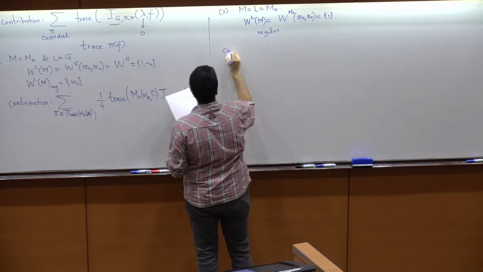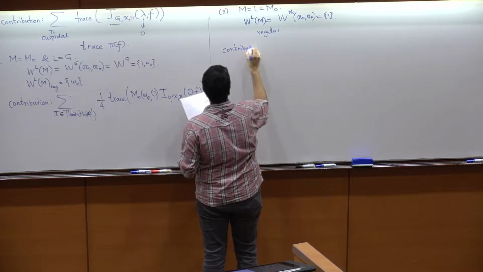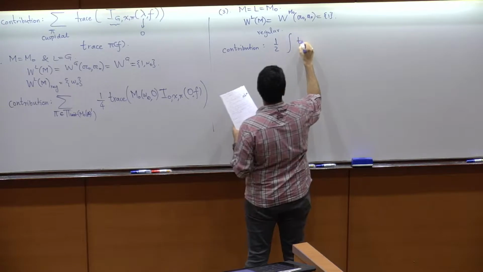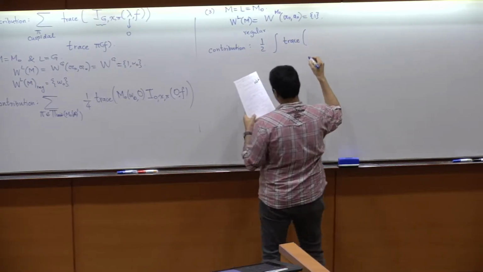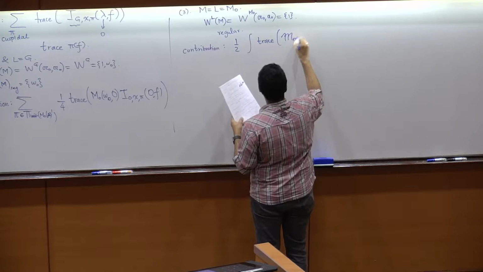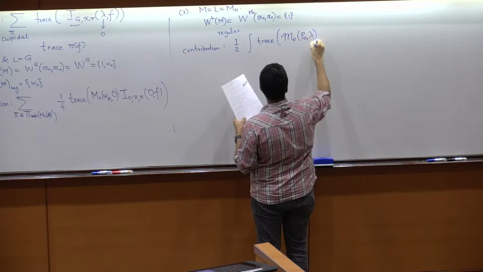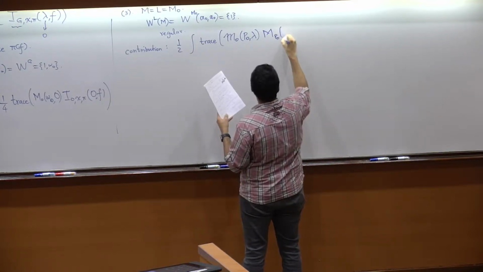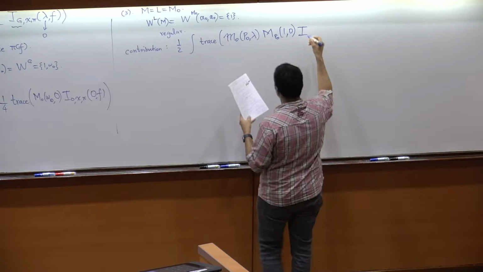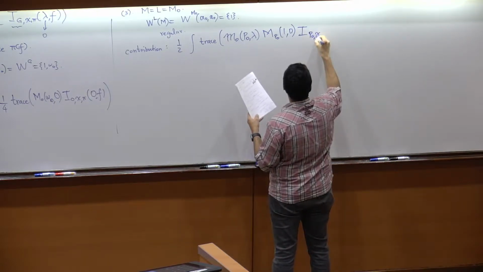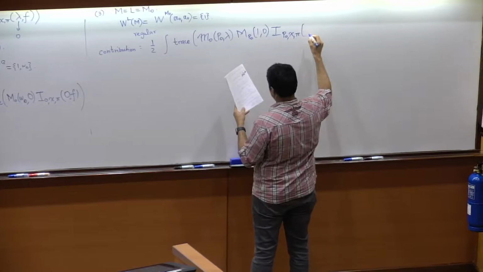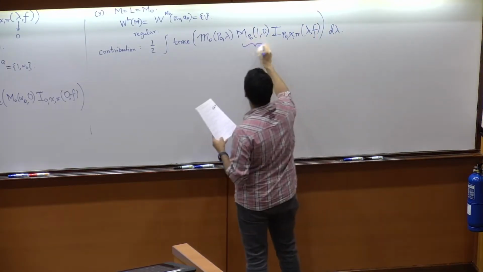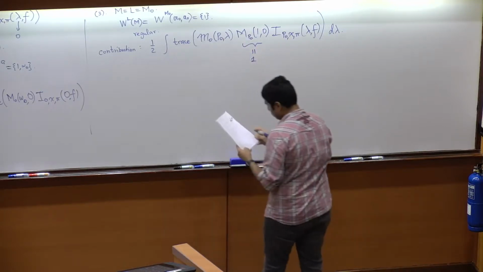So the contribution here is a half integral of the trace M0 P0 lambda, M P0 of 1, 0, I P0 chi pi lambda f d lambda, and this is the identity map, so you can throw it away.